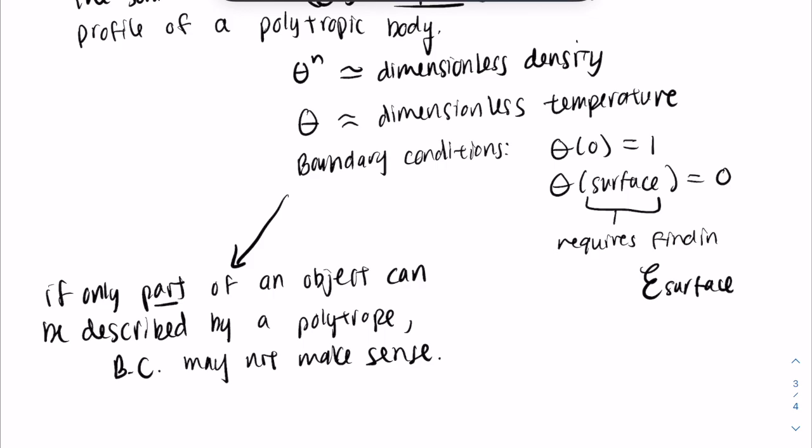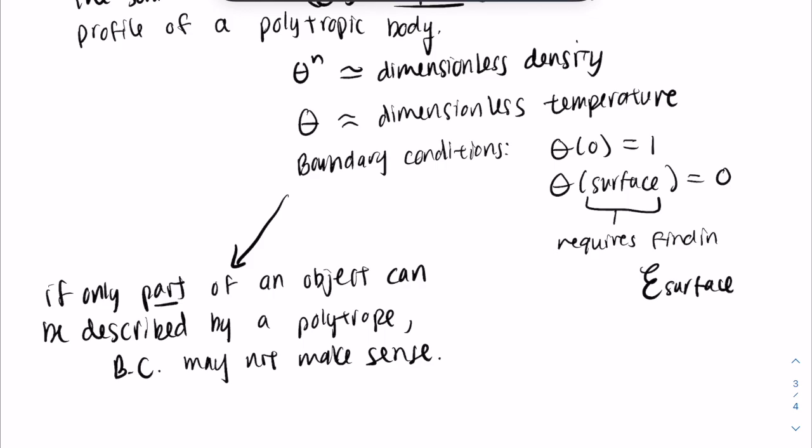model for isothermal gas. So the purpose of this equation is essentially if you choose your exponents and you choose your coefficients, then you can get pressure and density profiles to describe the entire interior of your star or planet or something else.